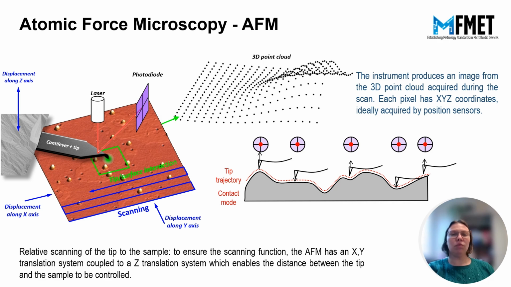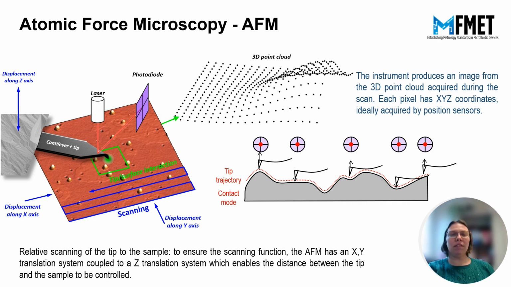Basically, the principle is to scan a mechanical probe, constituted of a cantilever and a tip, which have a typical apex of a few nanometers, over a surface. This system probes the interaction forces between the tip and the surface. The movement of this probe can be sensed through a laser photodiode system. In fact, a laser is reflected on the cantilever, and the photodiode measures this displacement.